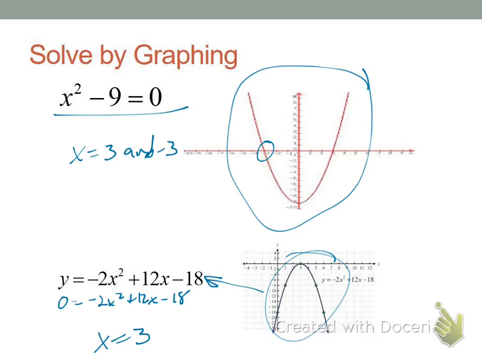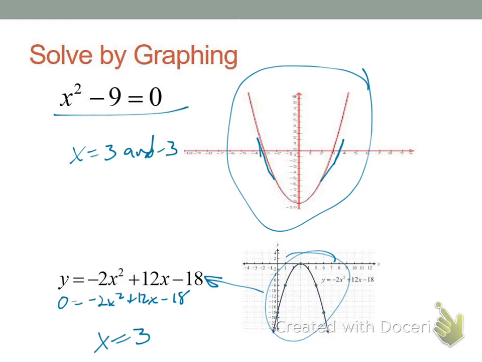For example, if this parabola right here were to open up a little bit wider and hit somewhere there or there, where it's in between 3 and 4 or in between negative 3 and negative 4, then we won't know exactly what the solution is because now it's a decimal, right? So there needs to be other methods for solving a quadratic equation. And there is. A couple of methods.